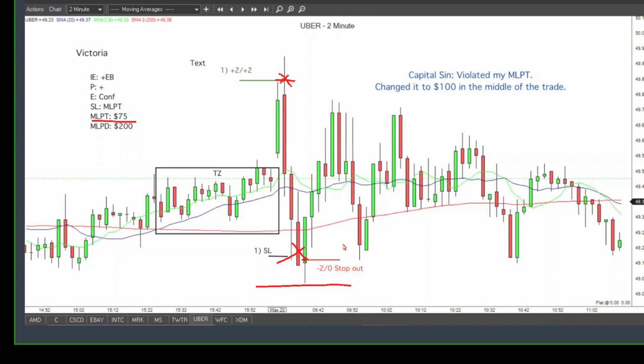But if it were 100, it would have kept you in, because your max loss would have been down here somewhere. So enter here, max loss way below, add, and then you'd be out break even. You see how that saved you? That's how max loss per trade is supposed to save you. So I think that's pretty cool.